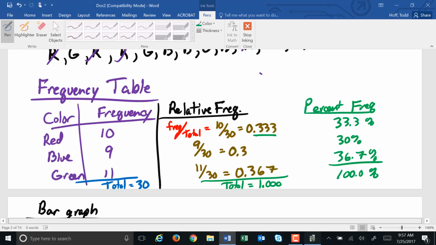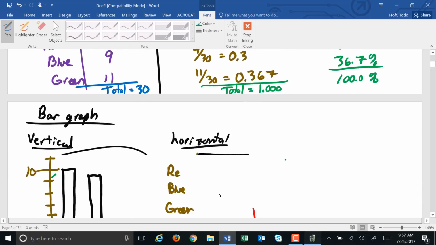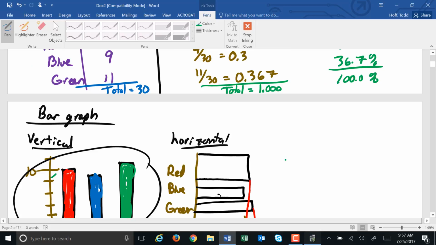Now, the big thing this relative and percent frequency is used for is another type of graph called a pie graph, or sometimes referred to as a circle graph. And sometimes not just called a pie graph, might be called a pie chart, depending on what you're doing.